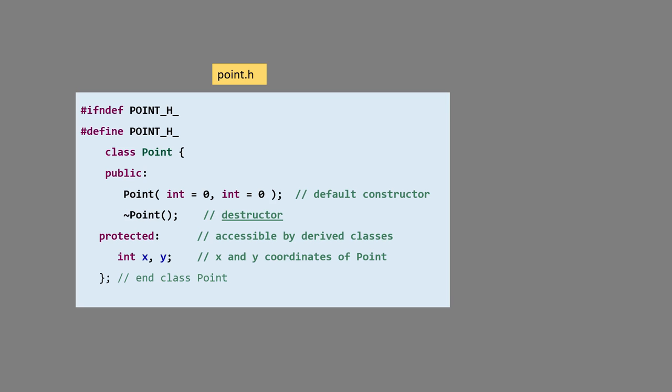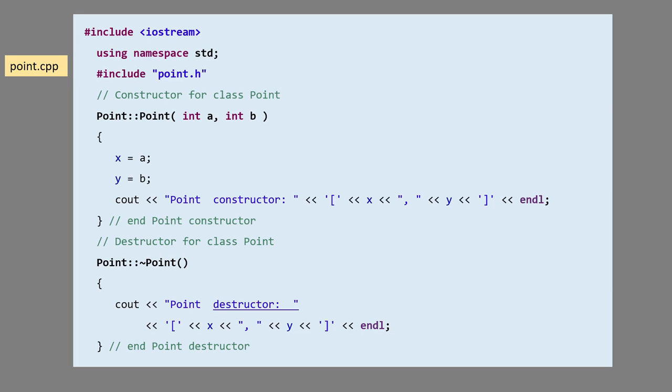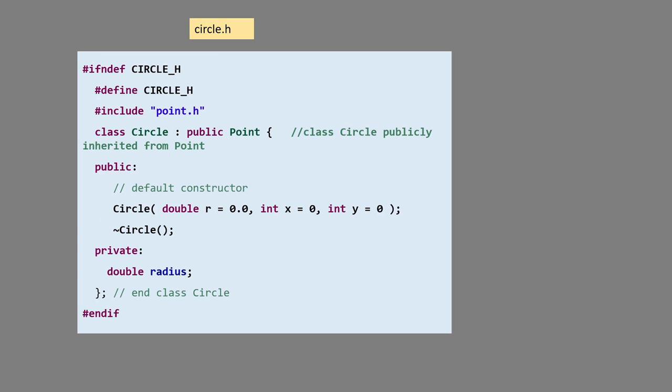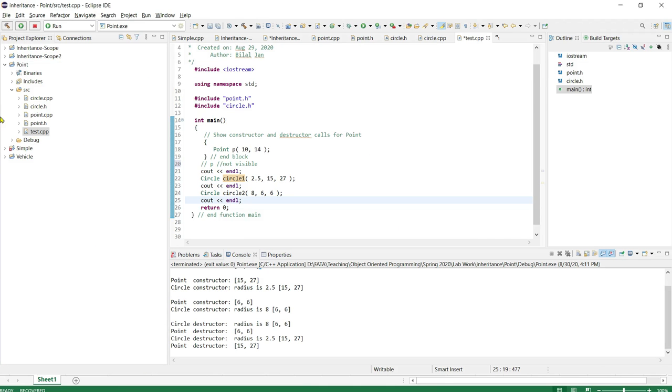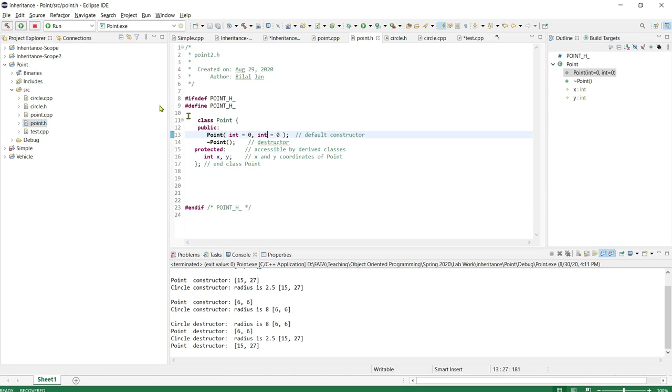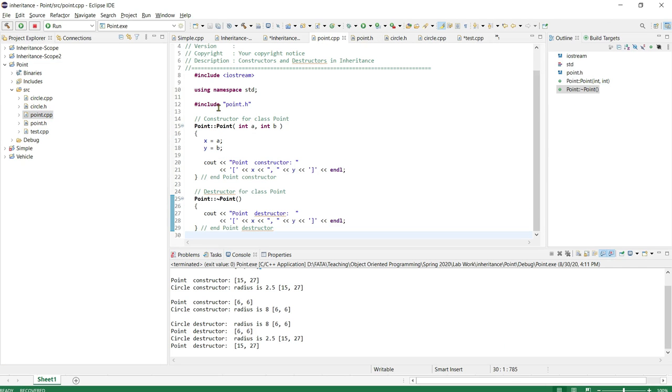We also discussed the point circle class with header files. The header files are normally included in the same folder with .h. The header file provides the declaration, and the implementation is provided by the corresponding CPP source files.